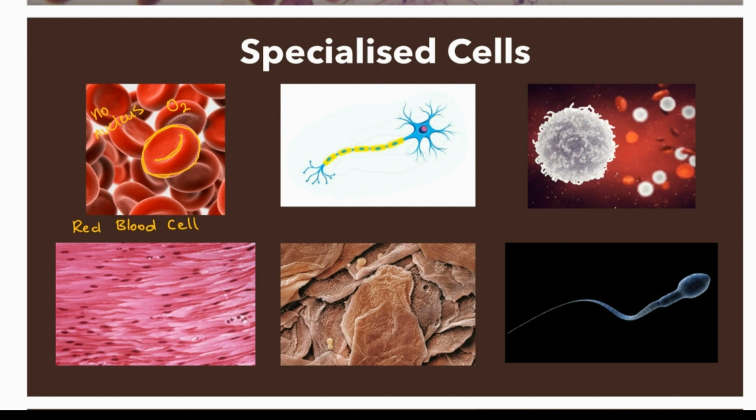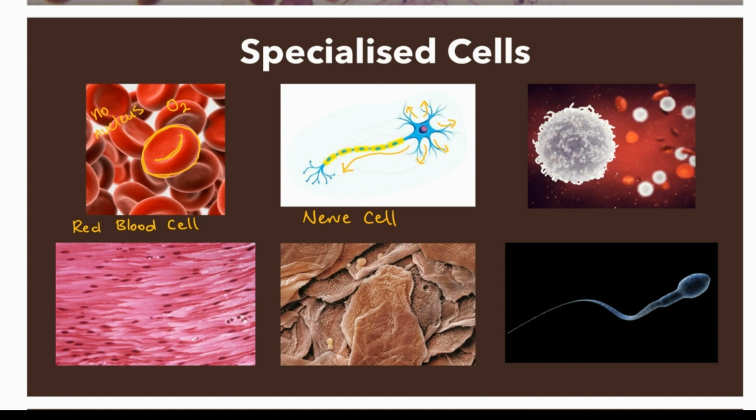The next one we have here is a nerve cell. Our nerve cells have this long branch, and that is for communication. And then they've got lots of other things branching off as well. These are all little things required for communication between all of our different other cells.